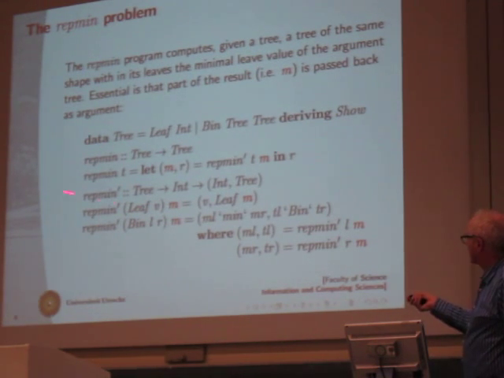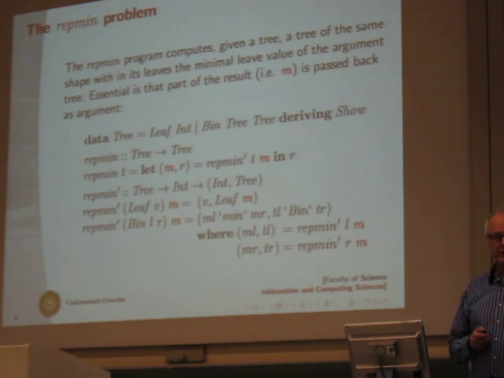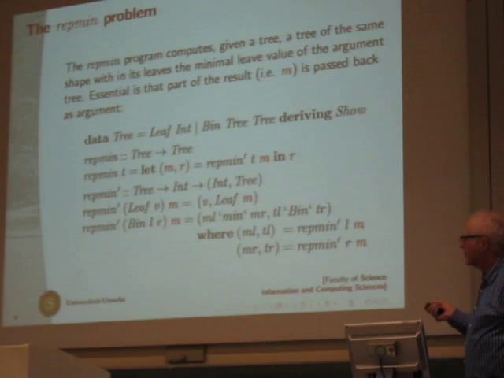Now if you look at RepMin prime, if we take a leaf, this is the new minimal value: I return the V which is living in this leaf in the argument tree, and I construct a new tree which is a leaf again because I'm inspecting a leaf, so I produce a leaf and take this minimal value and use it to construct a tree.